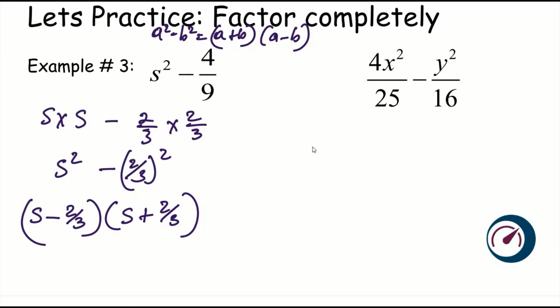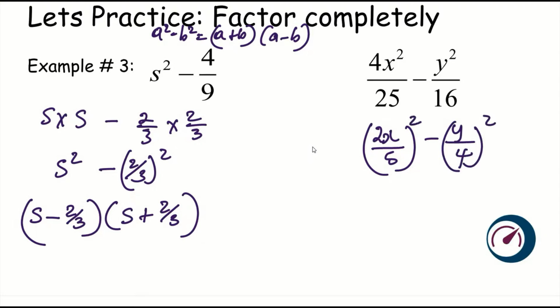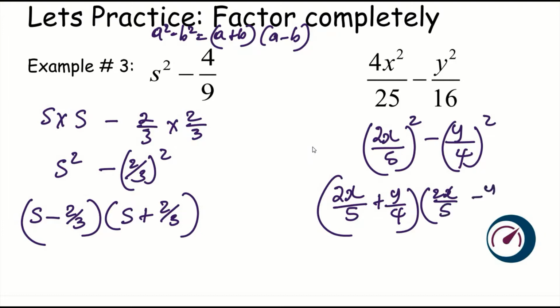So hence we have (2x over 5) minus (y over 4), both squared. So our factors are 2x over 5 plus y over 4 and 2x over 5 minus y over 4.